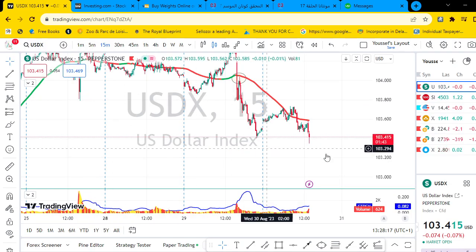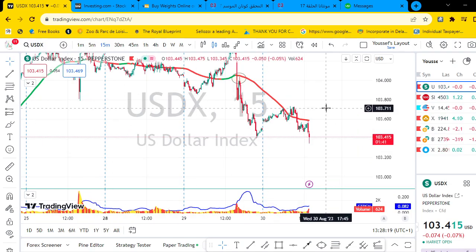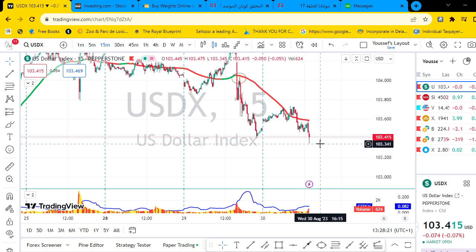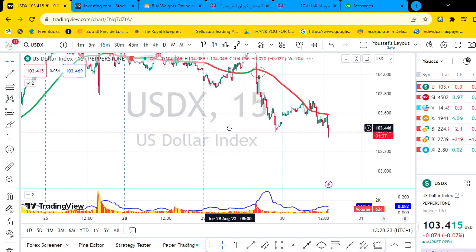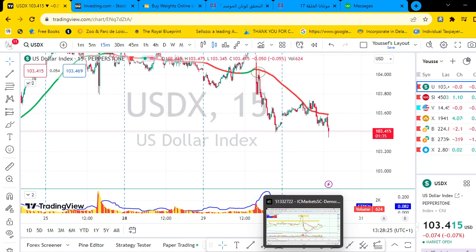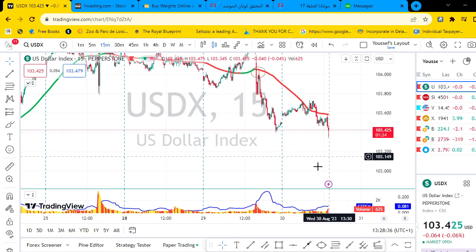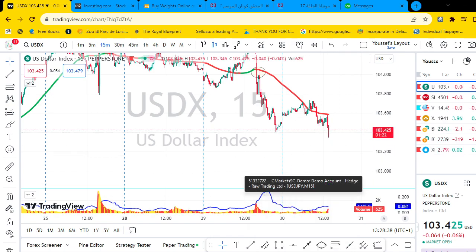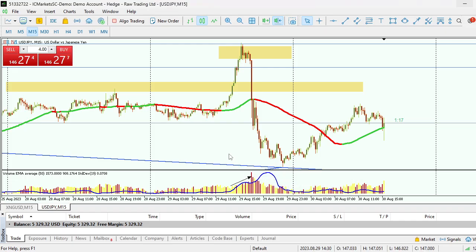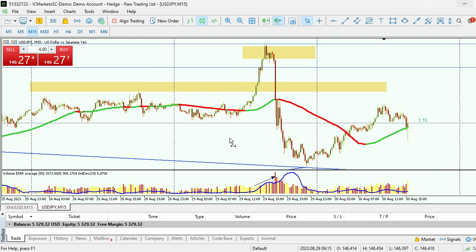So now let's have a closer look. Since this one is pushing higher, I think this is gonna be positive.